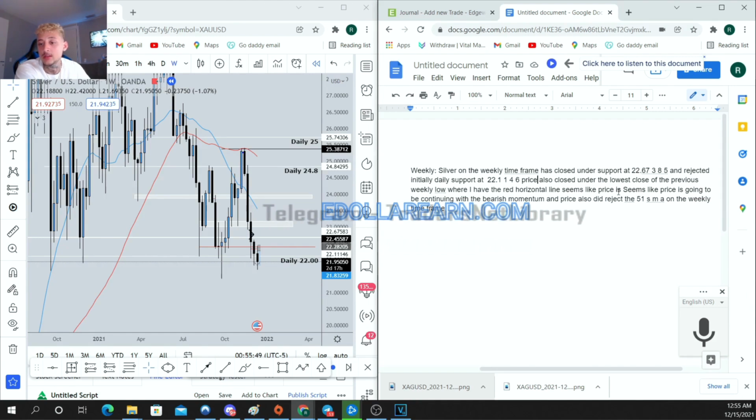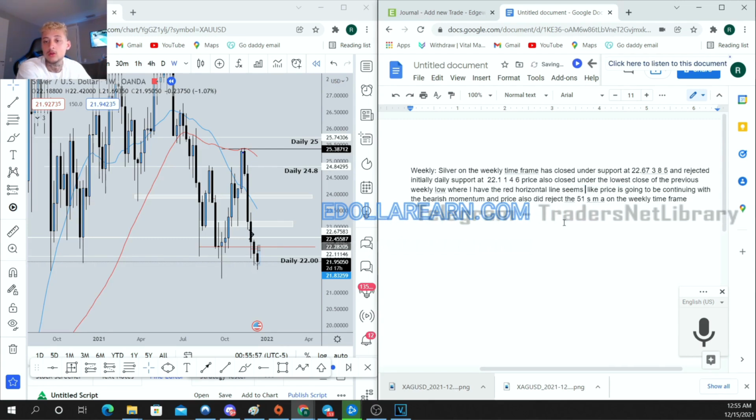Seems like price is going to be continuing with the bearish momentum, and price also did reject the 51 SMA on the weekly time frame. Simple as that. What we're going to do now is do daily.